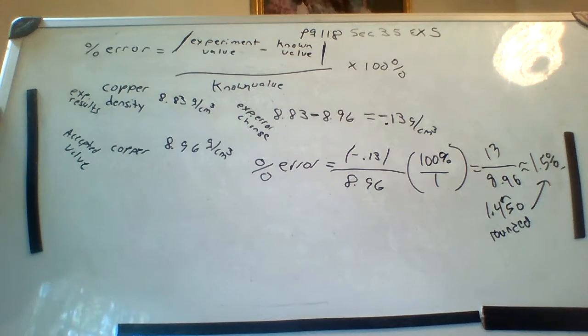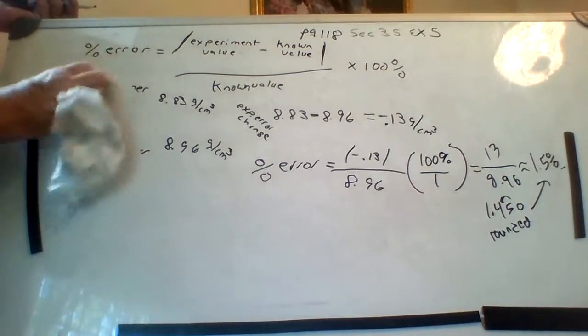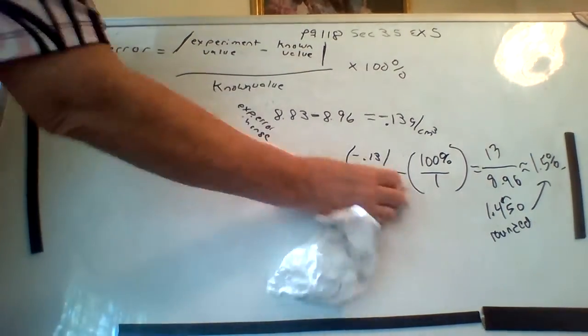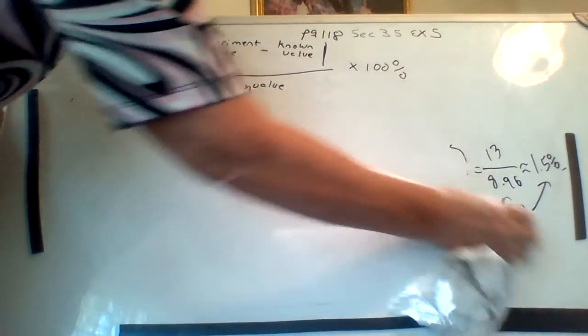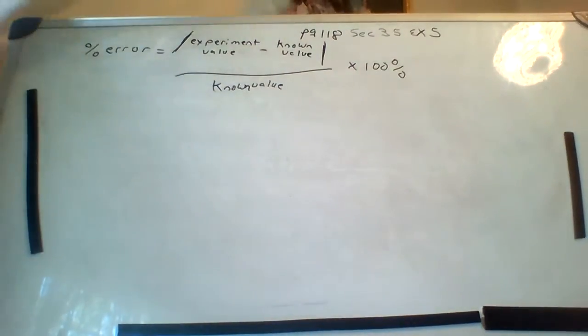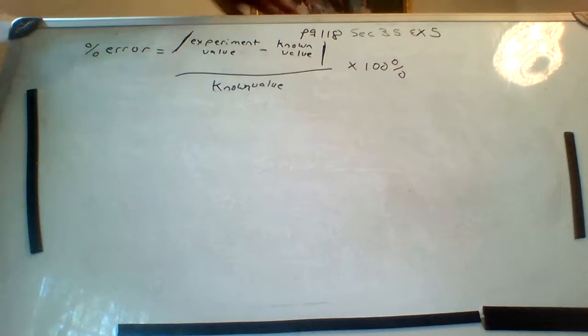Now let me give you a practice problem. Here's your practice problem. I'll leave my formula up there. You might put this formula on your quick reference guide or your notes somewhere.